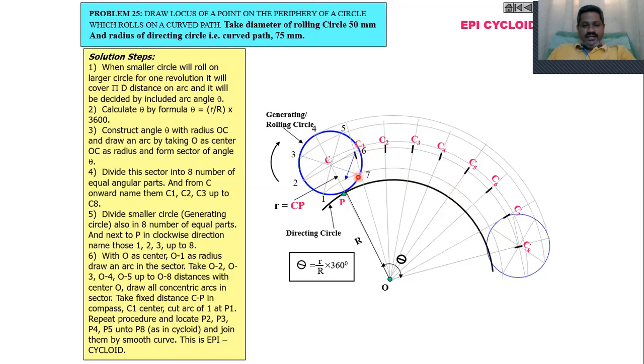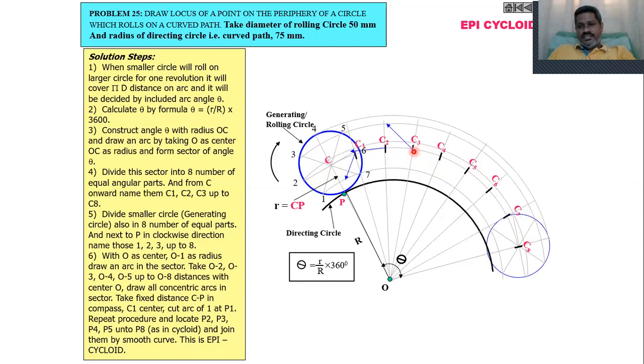So if we take CP as radius with C1 as center, intersect this 1, 7 concentric arc, you will get one point here. Then take the same CP as radius with C2 as center. Then intersect the second concentric arc which passes through 2 and 6. So you will get one more intersecting point on this curve.